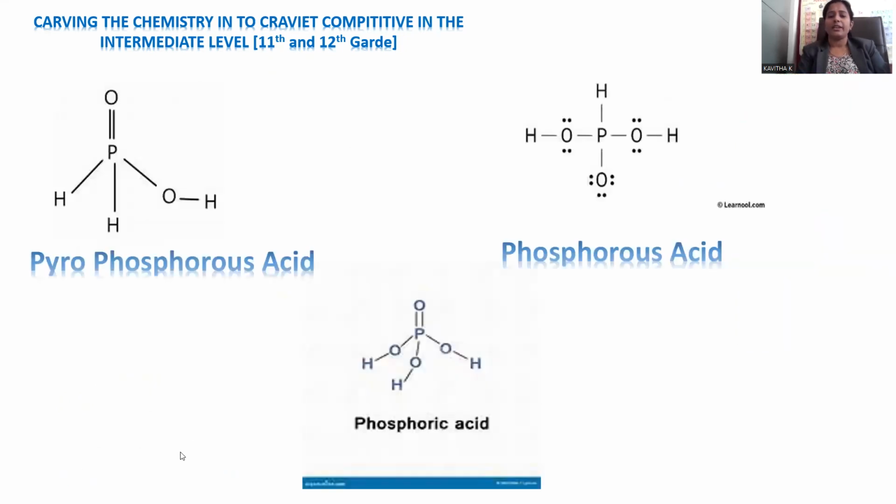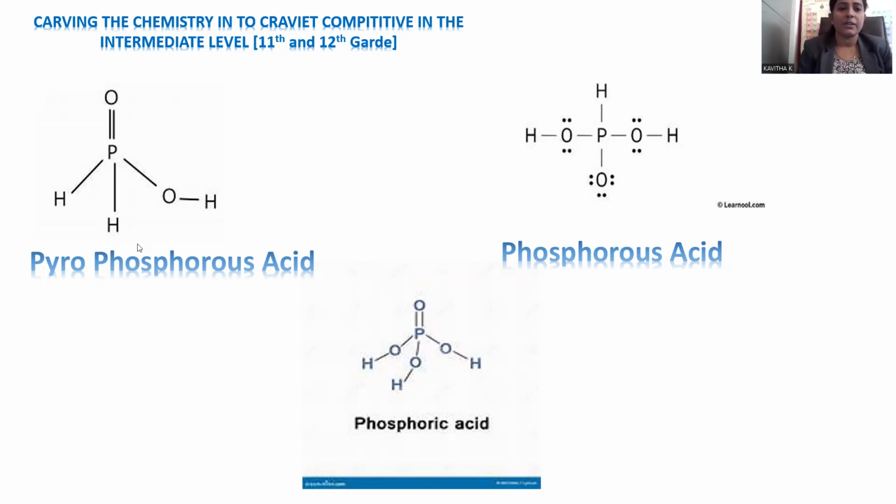In order to explain, its geometry is most important. Hypophosphorus acid is represented like this, where phosphorus is surrounded by 2 hydrogen atoms, 1 double bond linkage, and an OH. Wherever an HP bond is there, that is non-polar. It is not possible to detach this kind of hydrogen.